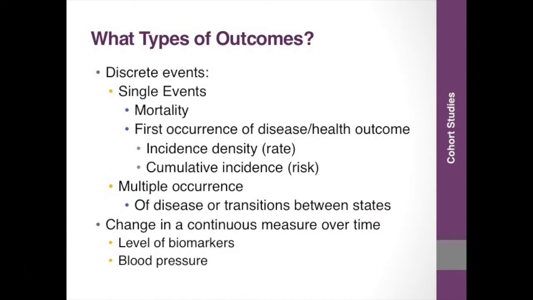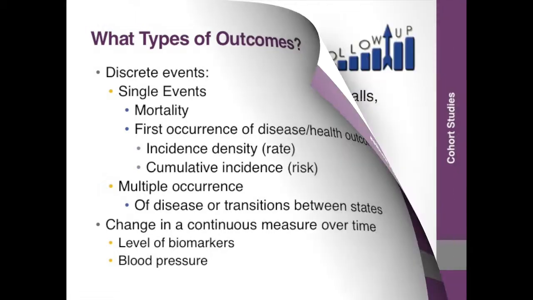Outcomes in cohort studies might be discrete single events such as death or the first occurrence of hospitalization, or they can be multiple occurrences, such as the total number of emergency visits. They can also be measured as continuous variables, for example, blood pressure or levels of other biomarkers.